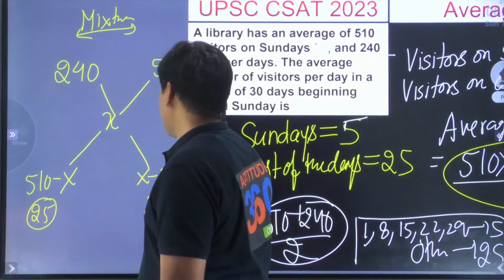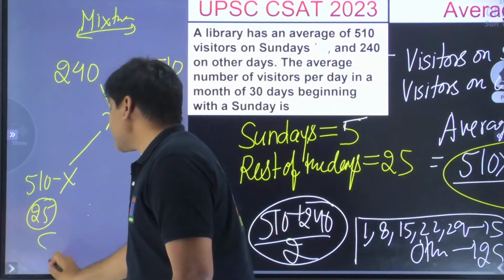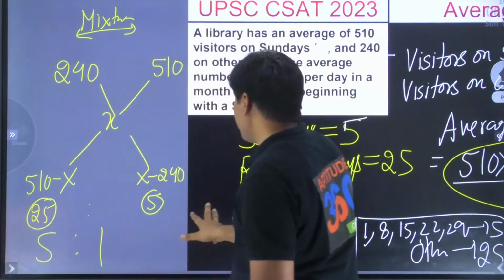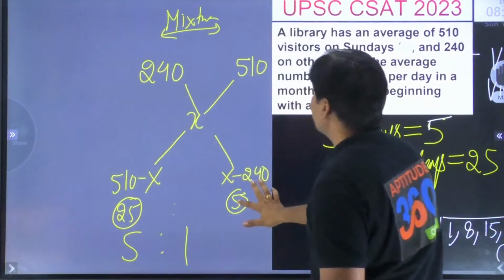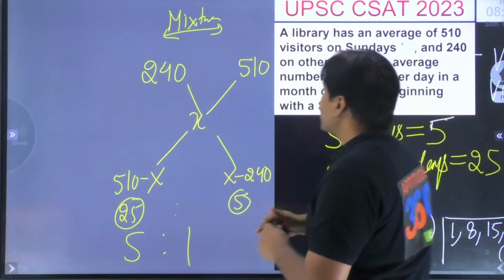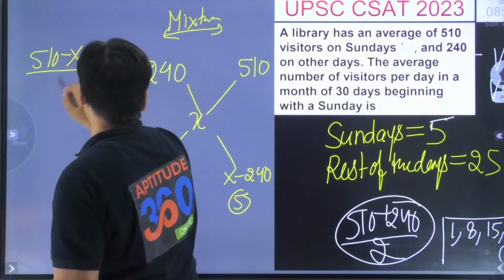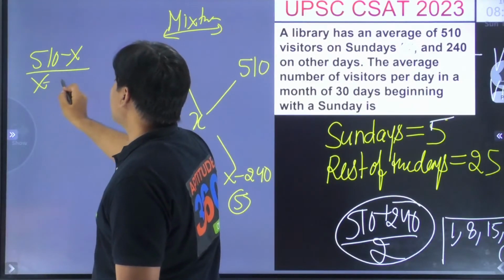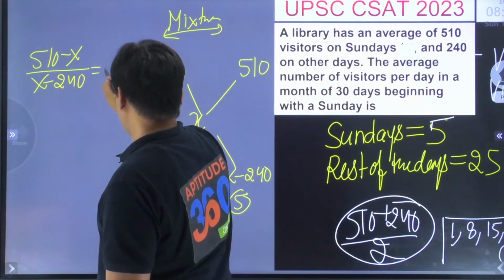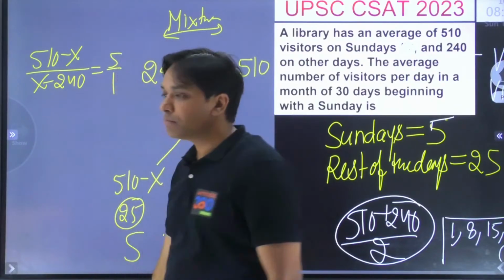This is 5, so the ratio is 5:1. So I can very easily say that 510 minus x upon x minus 240, this value is 5/1. Simple.